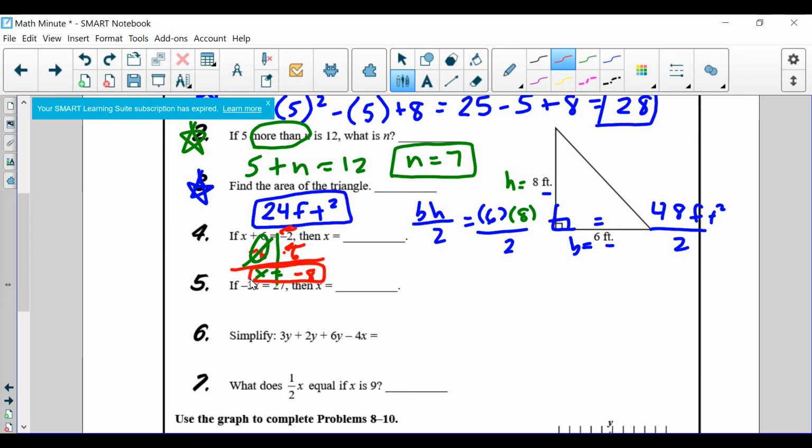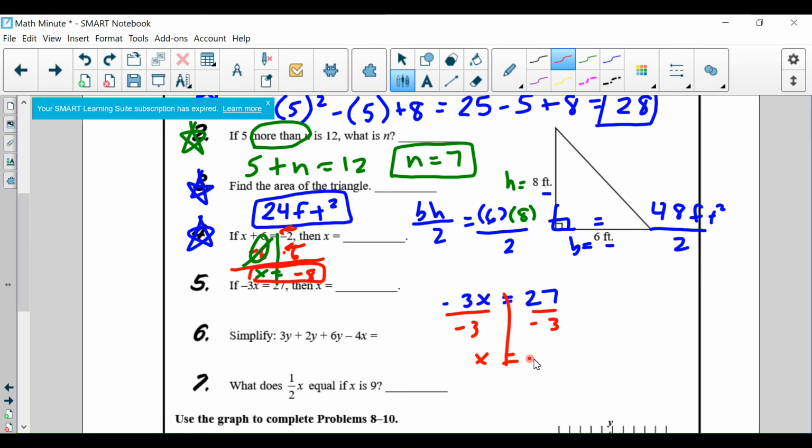All right, and then we're going to go ahead and look at this one. It is negative 3x is equal to 27. Keep in mind, when you have that negative, we've got to think, what times negative 3 will equal 27? Or you can simply divide by the coefficient of negative 3, and you're going to get x is equal to 27 divided by negative 3.